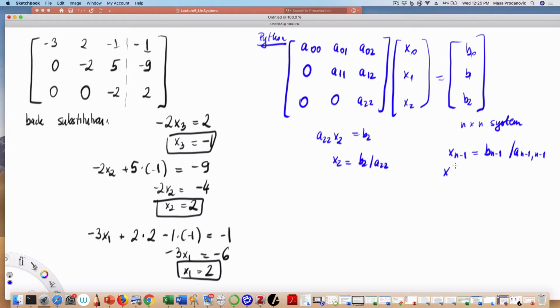Strictly speaking, in Python, it's going to be this, right? So that first one will always be easy.